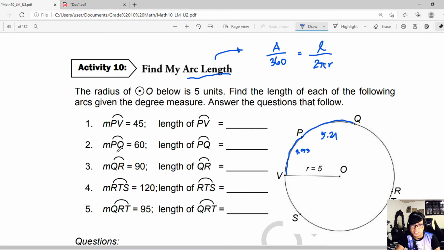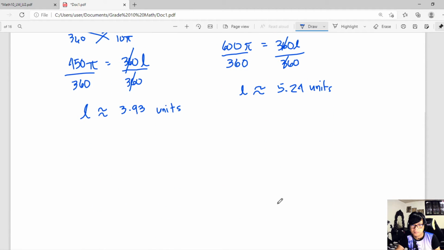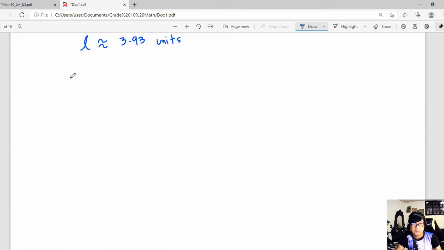Okay, let's proceed with number 3, QR. Where is QR? This one. The measure of this arc is 90. So let's find its arc length. The measure of arc QR is 90.